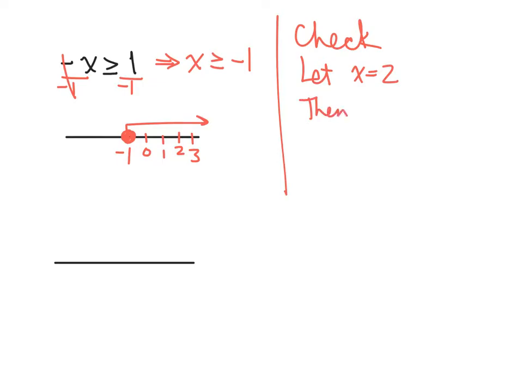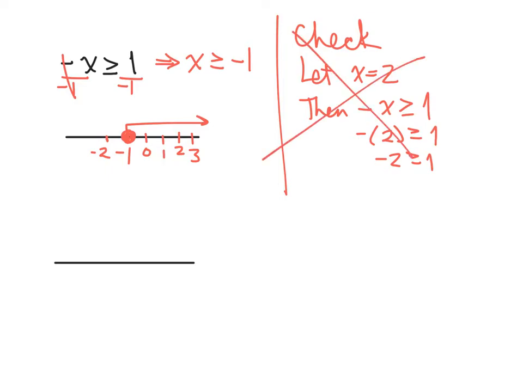Then, when we plug it back into our original inequality, negative x is greater than or equal to 1, we would say negative 2 is greater than or equal to 1. Well, looking at our number line, negative 2 is actually over here. Not greater than negative 1, or greater than positive 1, but actually smaller than negative 1. So that is not a solution.